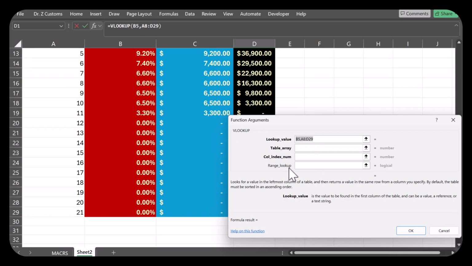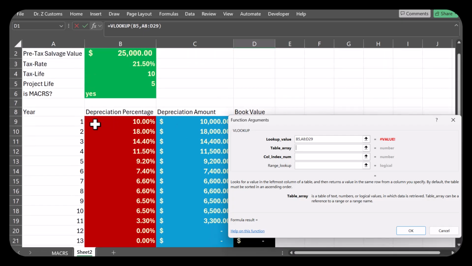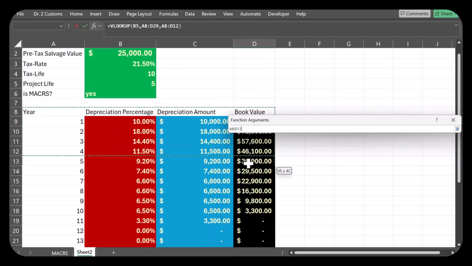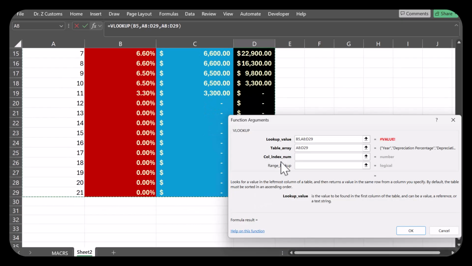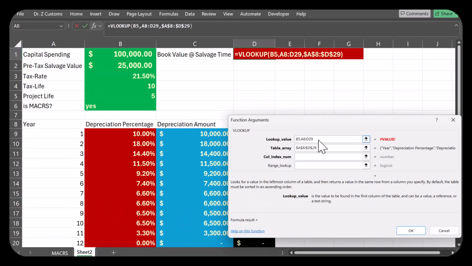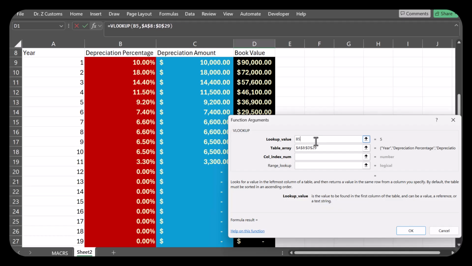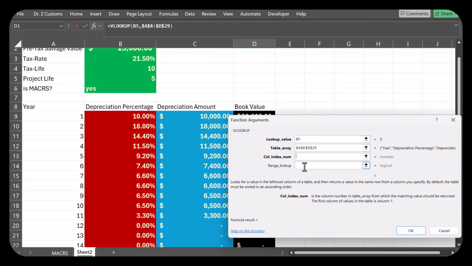I could have also named that table. I just chose not to. Once I find a match, I need the 1, 2, 3, 4th column, and I want an exact match.